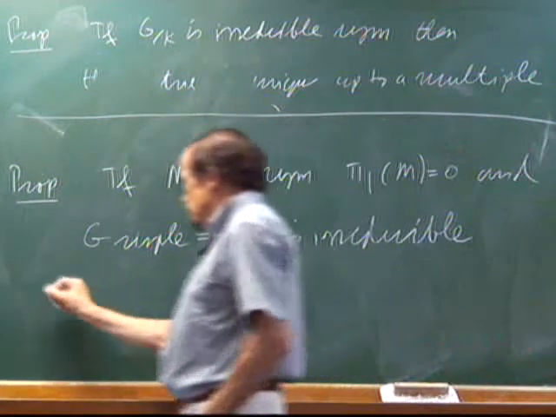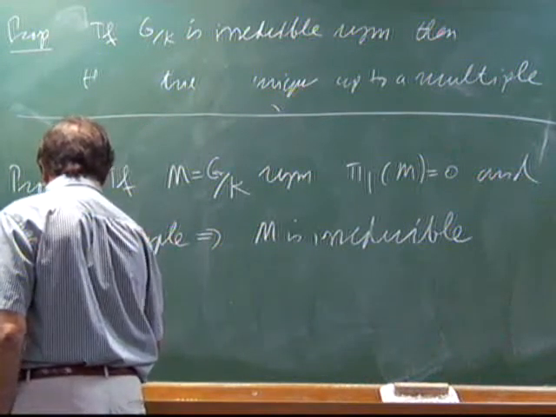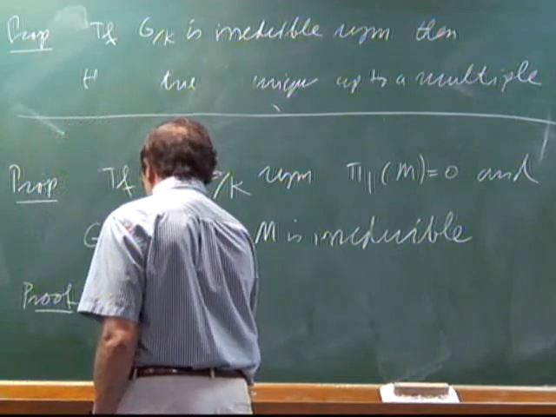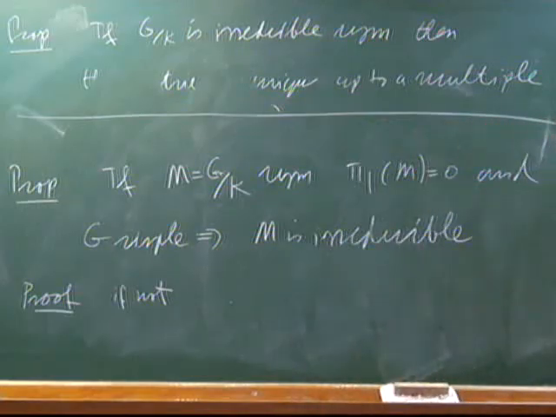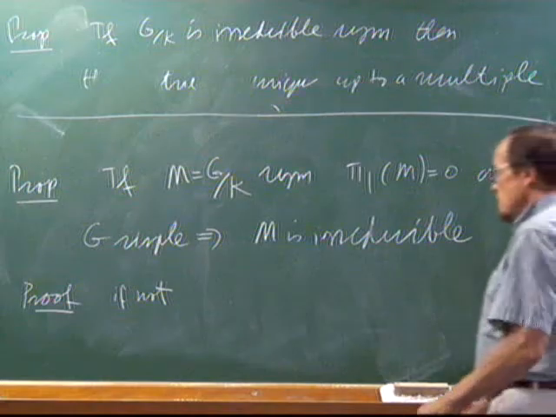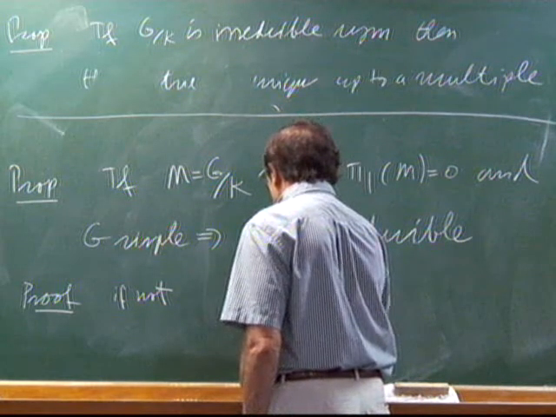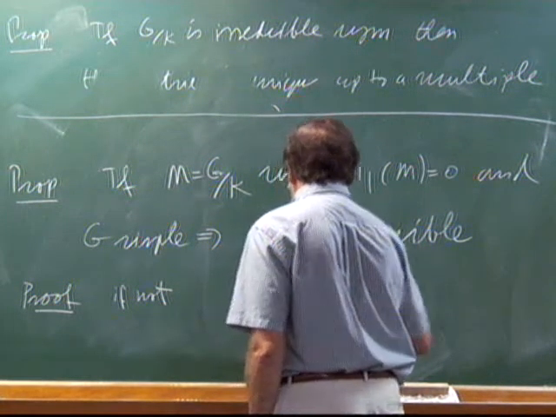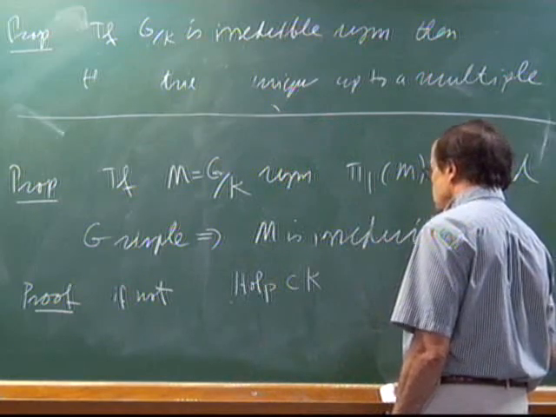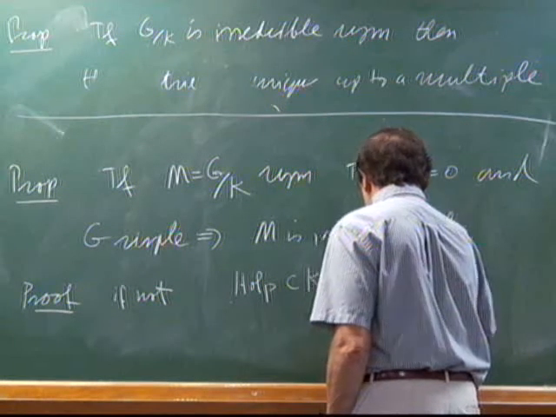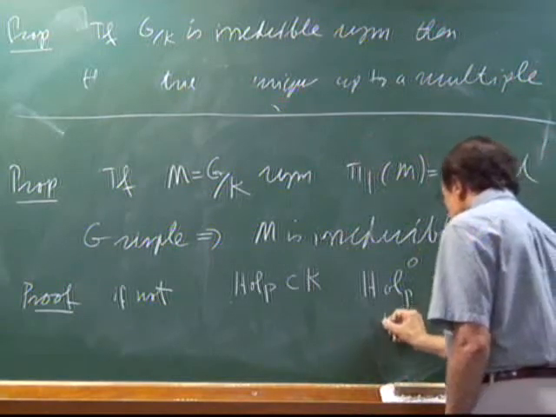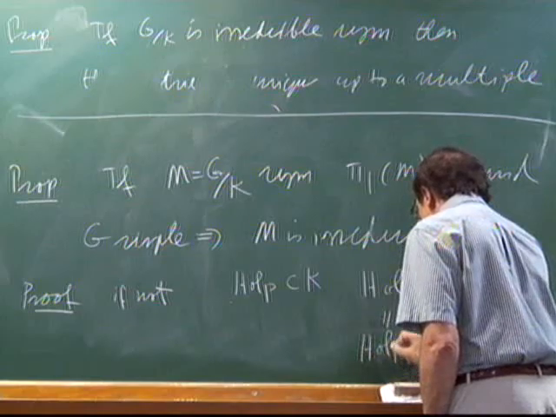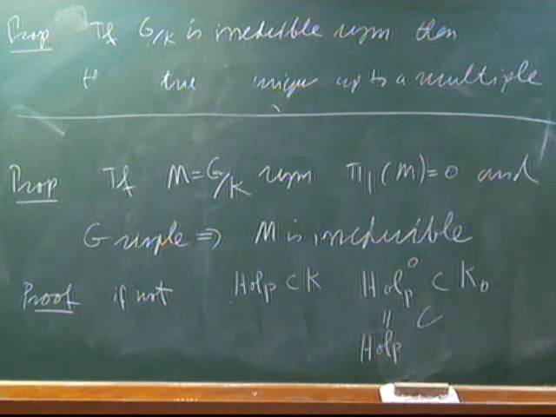The proof is again very easy. Remember, Hol P sits inside K, and Hol P naught sits inside K naught. Since it's simply connected, it's the same thing as Hol P. So Hol P sits inside K naught.